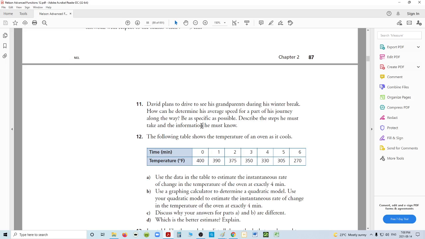He could also measure the distance he is away from his grandparents at one time, and then his distance at another time, and then his rate of change will be his speed. Because here's something you should realize.